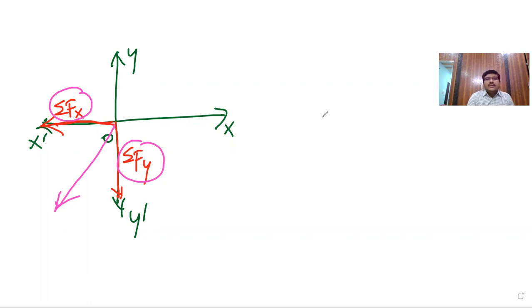Then again the same formula. For the resultant, draw a parallel line here and use the triangle. This is sigma Fy.